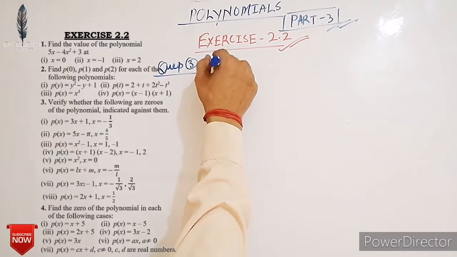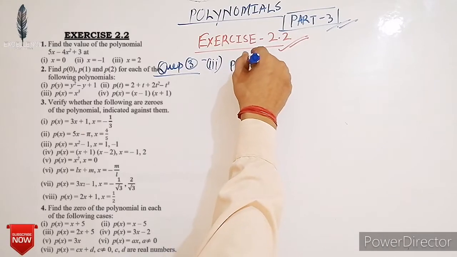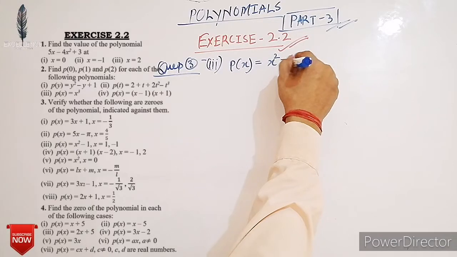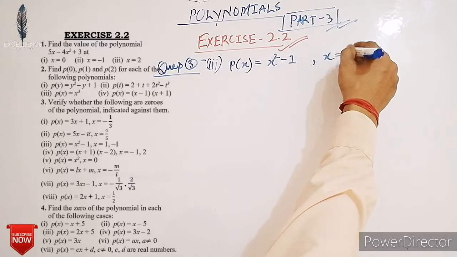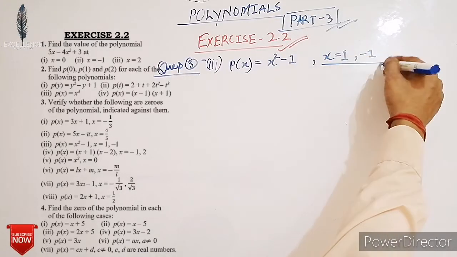Now next is p(x) = x square - 1 and x = 1 and -1. Okay.